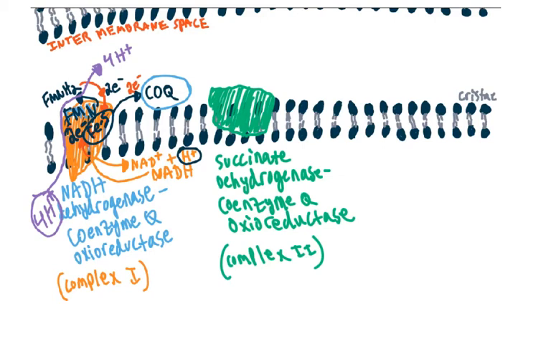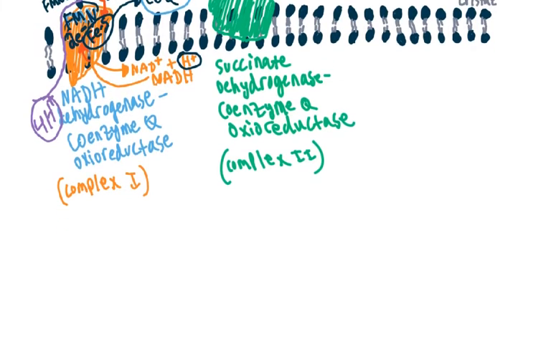So in the Krebs cycle, which is happening in the mitochondrial matrix, but with the succinate dehydrogenase enzyme bound to the cristae, we went from succinate to fumarate, as in our Krebs cycle videos.